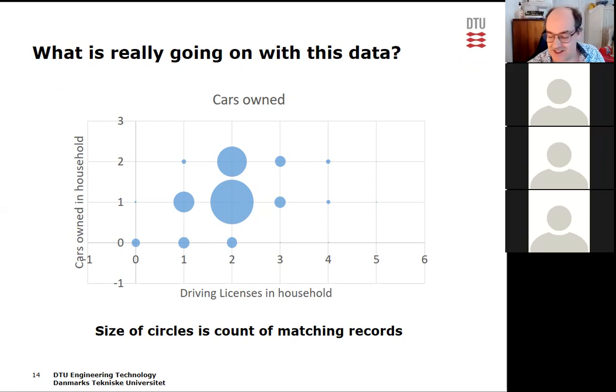But I do have the skills in database technology. So I put the data in a database, ran a summary report, exported the data back out to Excel, and created this bubble chart of the car ownership. I'm just looking at one X value, just the driver's licenses, as an example.